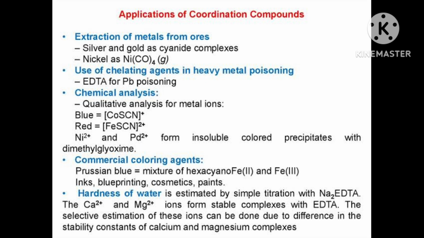Suppose more copper or more iron is there. The excess of copper and iron are removed by chelating ligands. Chelating ligands will make a complex with copper and iron. Copper and iron will behave as the central metal ion, and the chelating agents will form a complex.